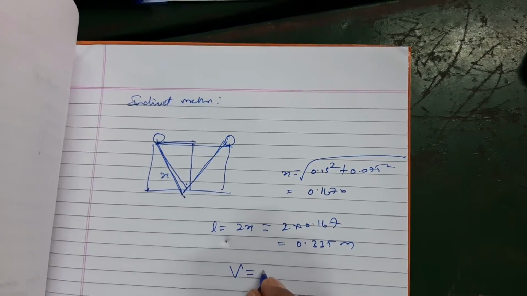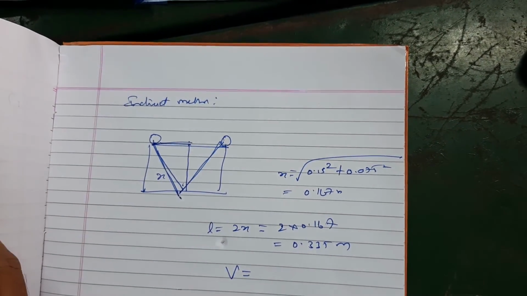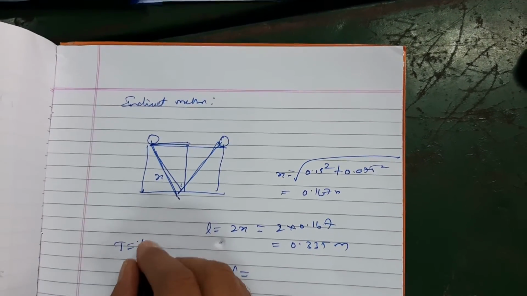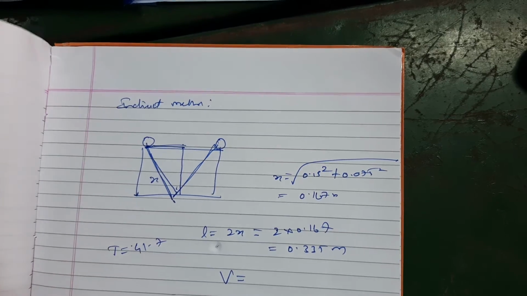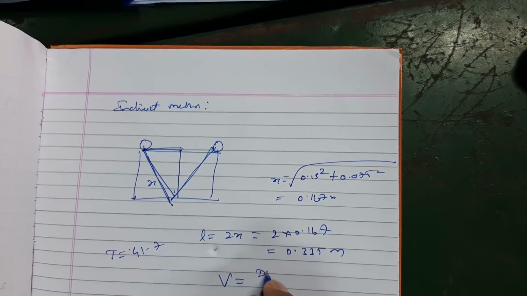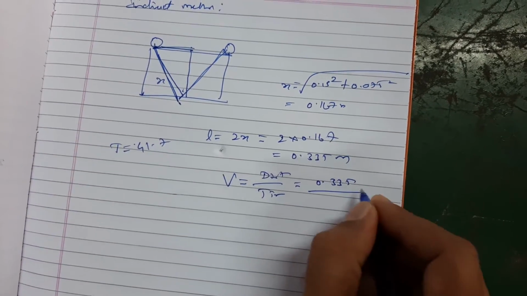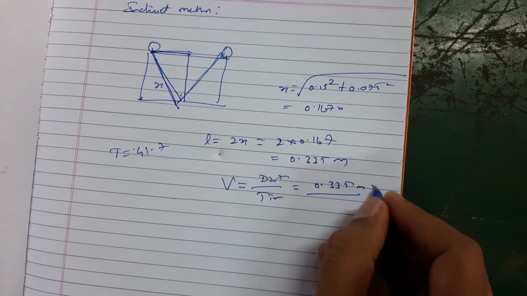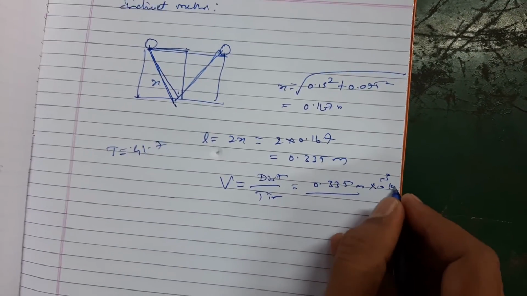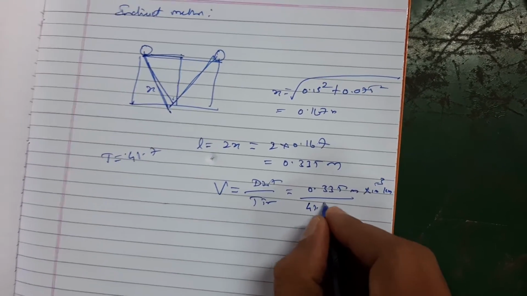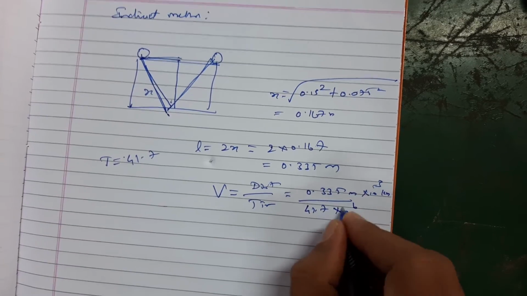So the velocity V equals distance traveled divided by time taken, which is 41.7. The distance traveled is 0.335 meter, converting into kilometer, 10 to the power minus 3. The time is 41.7 into 10 to the power minus 6 second.